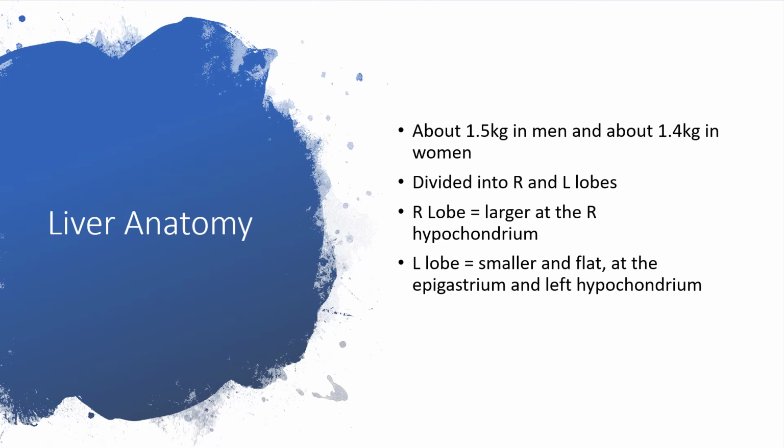It's about 1.5 kilogram in men and about 1.4 kilogram in women, divided into right and left lobes. The right lobe is larger and is at the right hypochondrium. The left lobe is smaller and flat at the epigastrium and left hypochondrium.